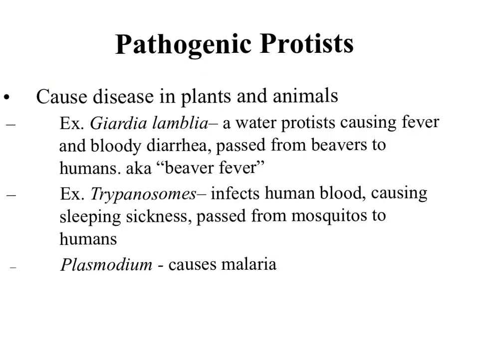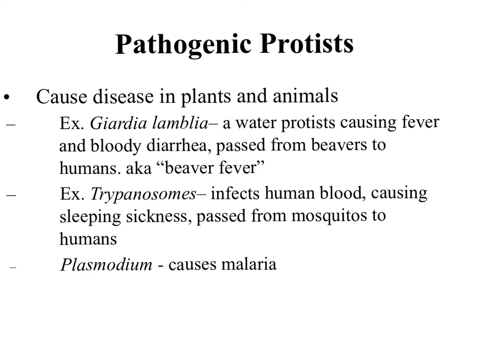It's worthwhile to talk about protists and their effect on other organisms. So we've talked about how they're really important for producing oxygen. They're often the base of food webs, and they play an important role in decomposing dead and decaying matter. But they can also be pathogenic, which just means they cause disease.